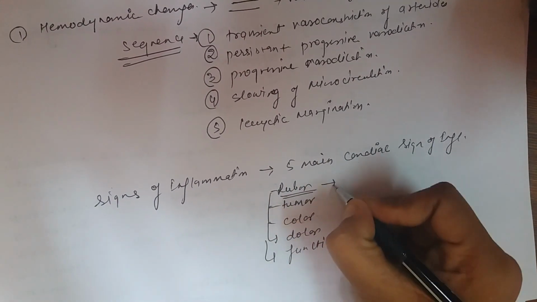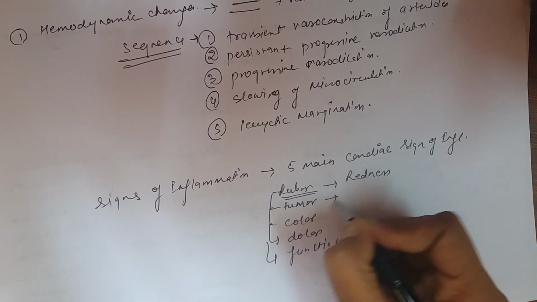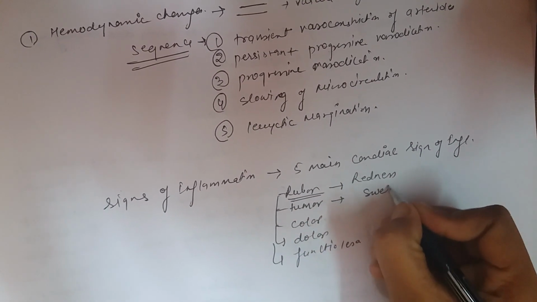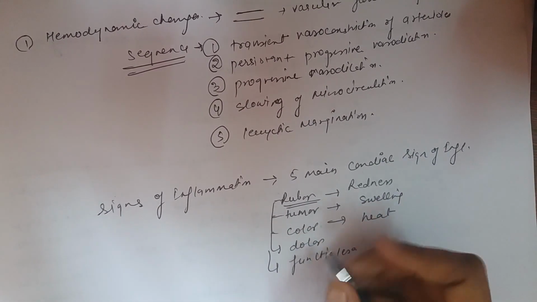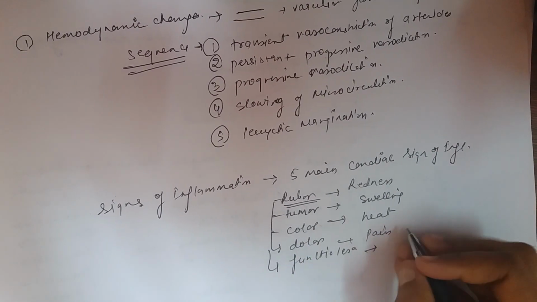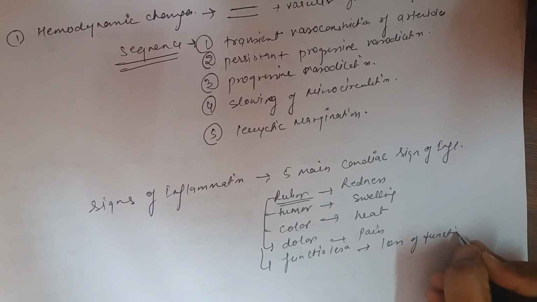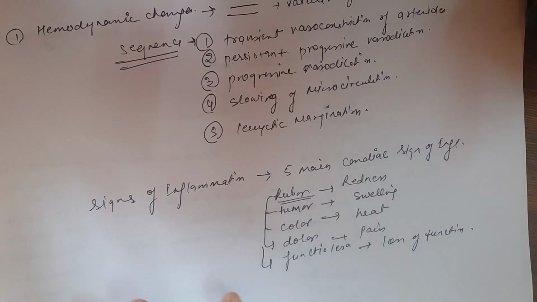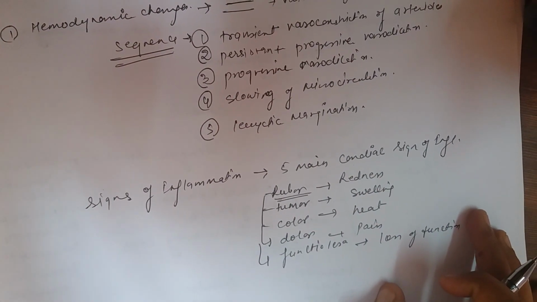Rubor means redness, tumor means swelling, calor means heat, dolor means pain, and functio laesa means loss of function in that particular area. Now we have completed the hemodynamic changes.